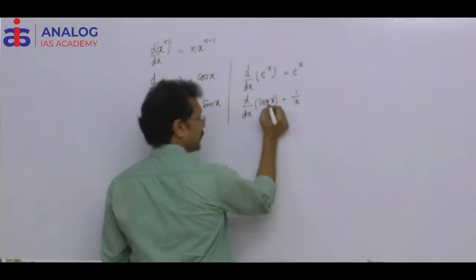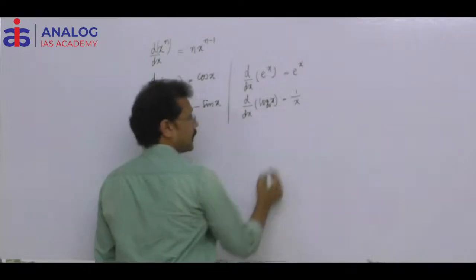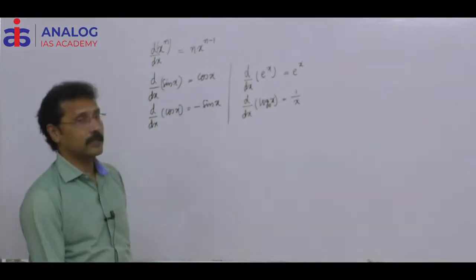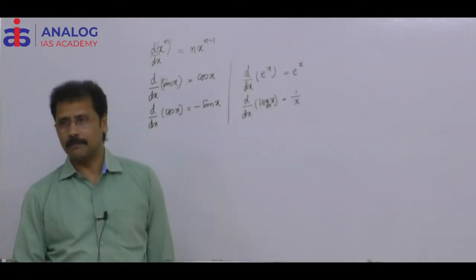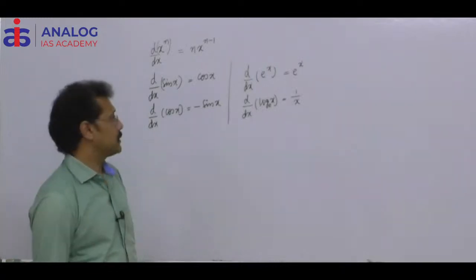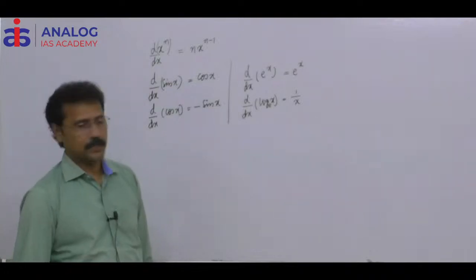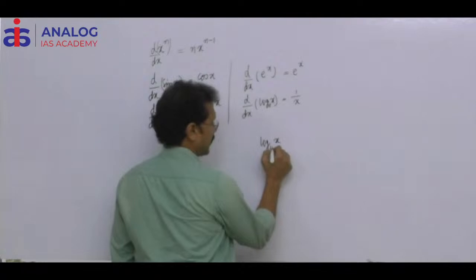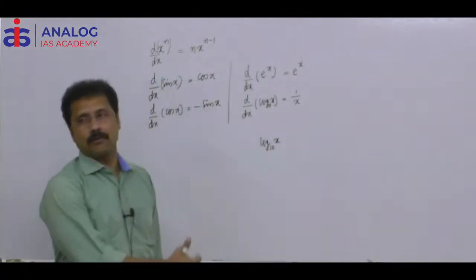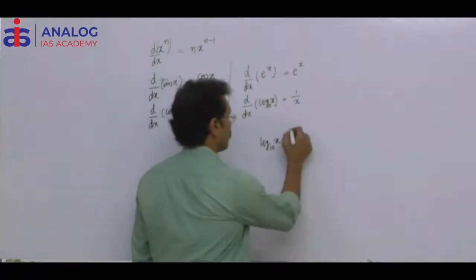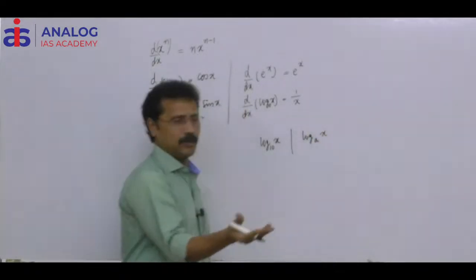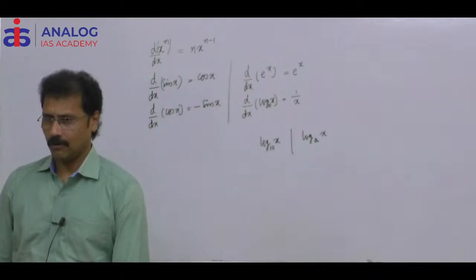Let me come to logarithms. Log x to the base e is always a natural logarithm. We can even have log x to the base 10, so base 10 logarithms, or log x to the base a, for some value of a, base a logarithms.